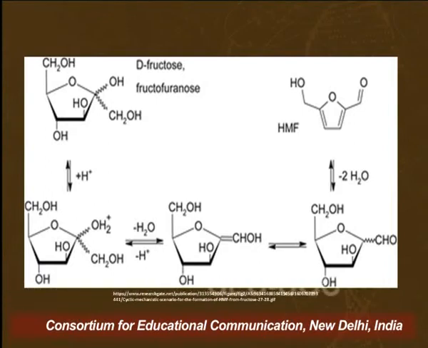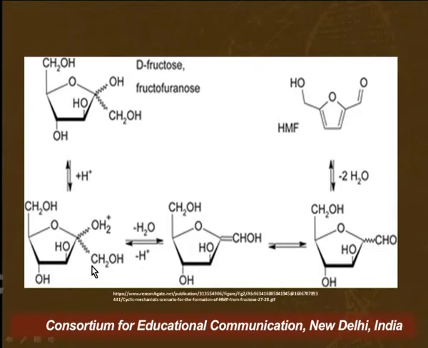Now, as you can see on your screens, we have started with fructose. What happens when fructose undergoes dehydration? This OH undergoes protonation and is converted to OH2 positive. This is removed as a water molecule, and at the same time a hydrogen, this alpha hydrogen, is removed from here.